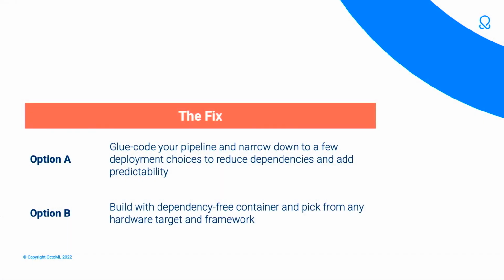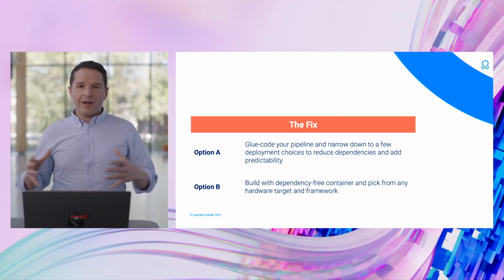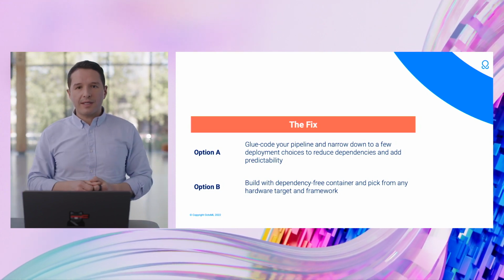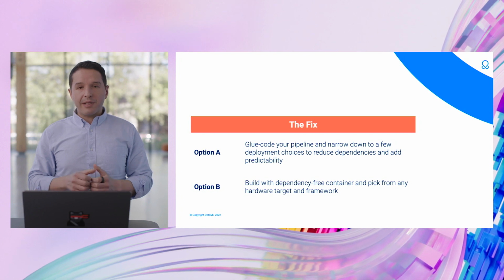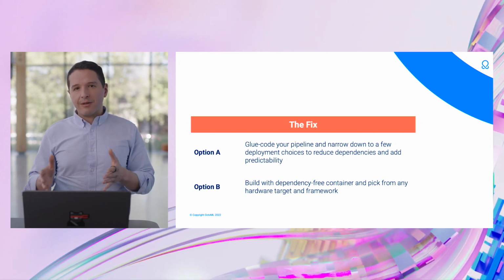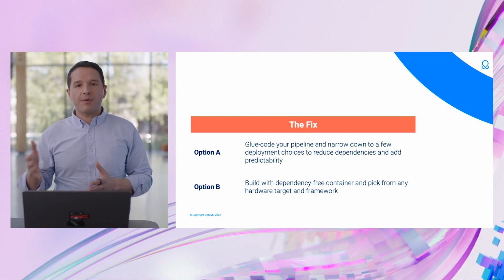Now, there's two ways that we've seen customers address this particular issue. And the first way is which essentially I just talked about, which is customers are basically going in and saying, okay, we have a number of different frameworks and different devices that are important for us as an organization. So we'll go ahead and build pipelines around those. We'll put some guardrails and limitations, but it'll allow us to do an automated ongoing process.